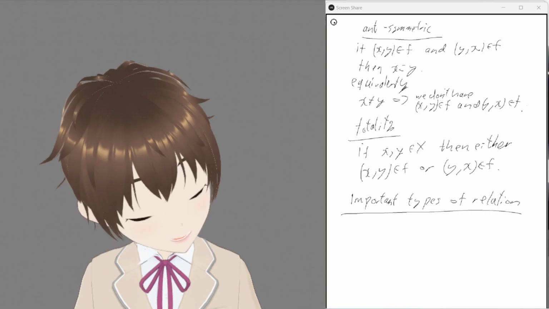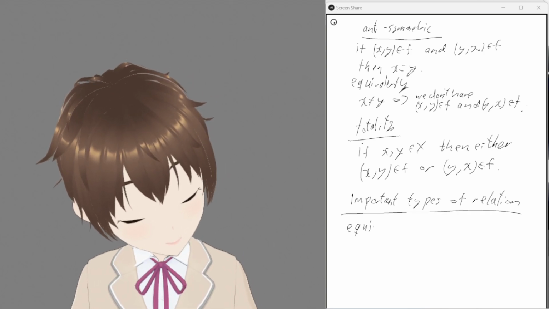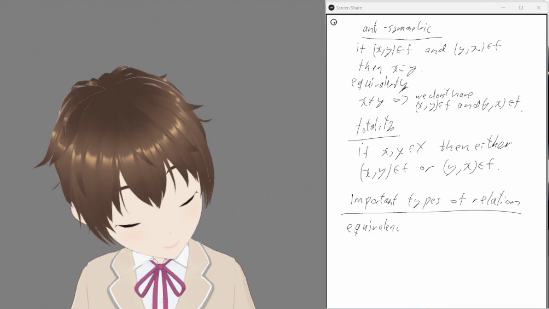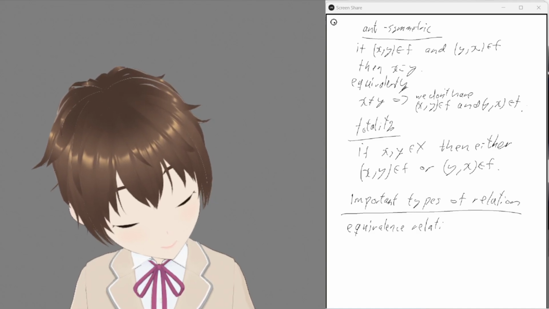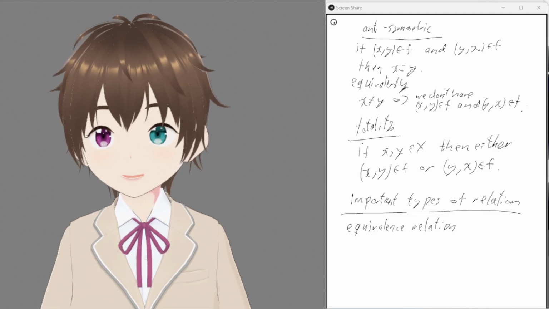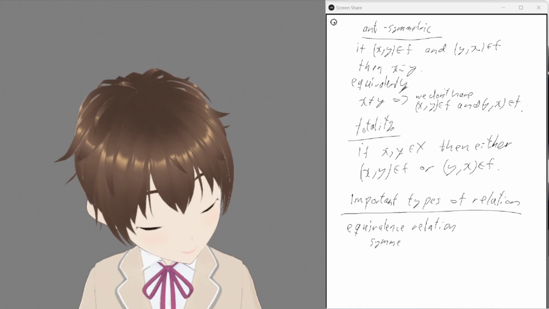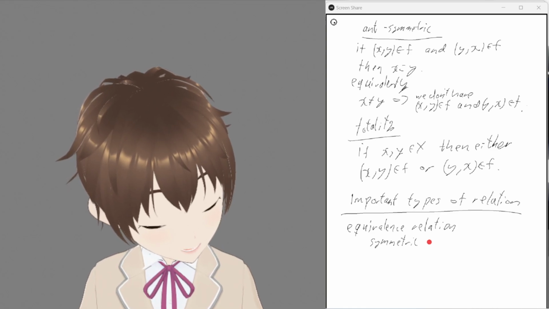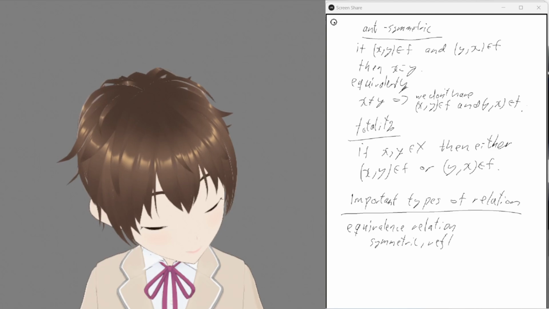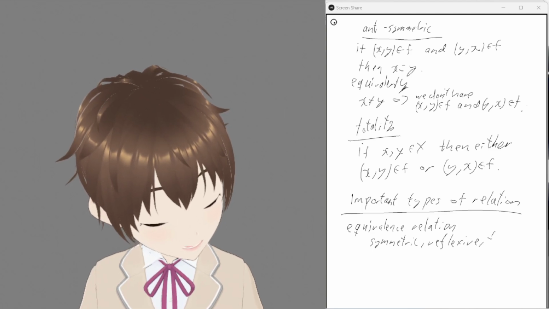So first, an equivalence relation. This is a relation which is reflexive, symmetric, and transitive. So this is symmetric, reflexive, and transitive.